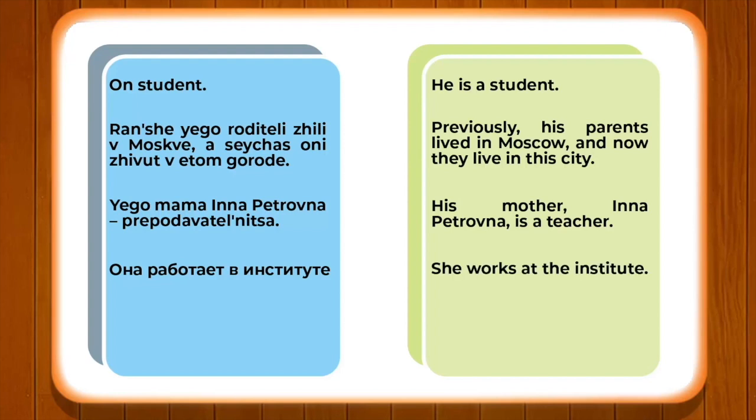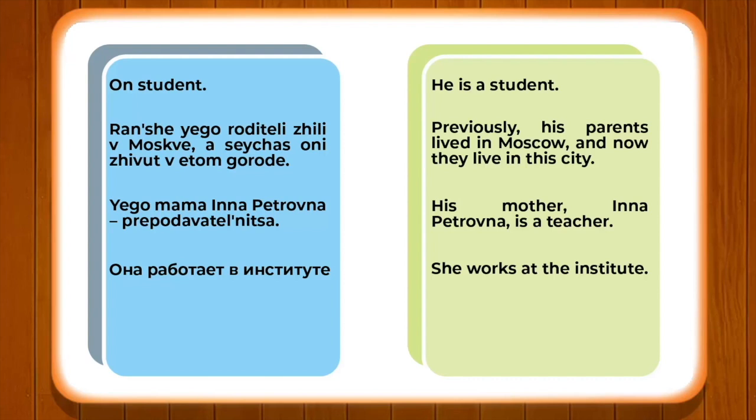Она работает в институте. Here you can see the construction which we have used is in prepositional case. Она работает в институте. So in place of institute, you can use университет. Она работает в институте, в университете. You can also replace институт, университет and replace it with школа. Она работает в школе.